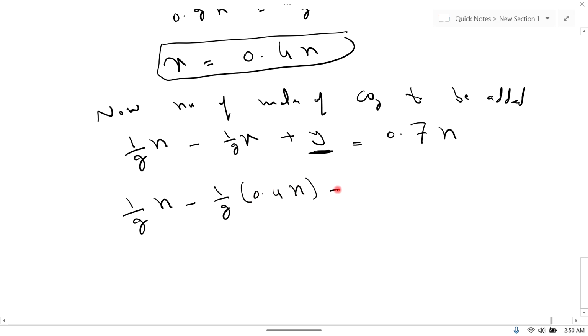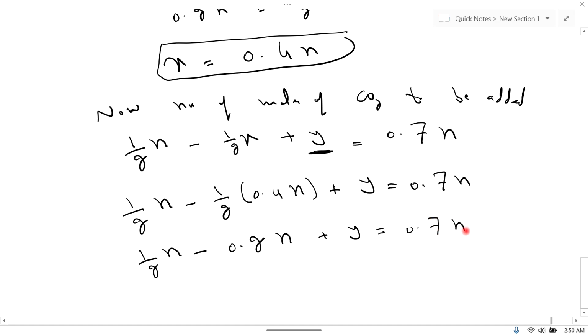0.4n plus y is equal to 0.7n. So this will be equal to 1/2 n minus 1/2 into 0.4, which is 0.2n, plus y is equal to 0.7n.